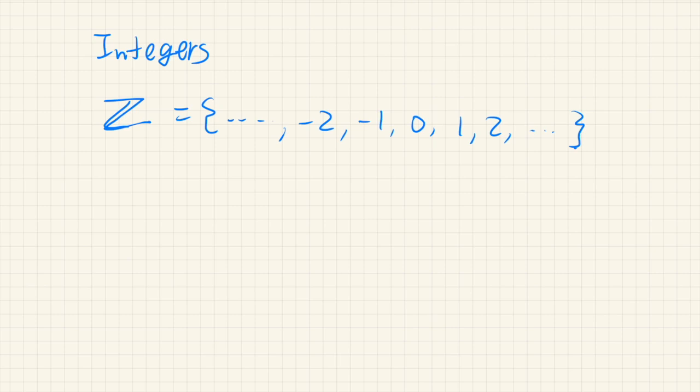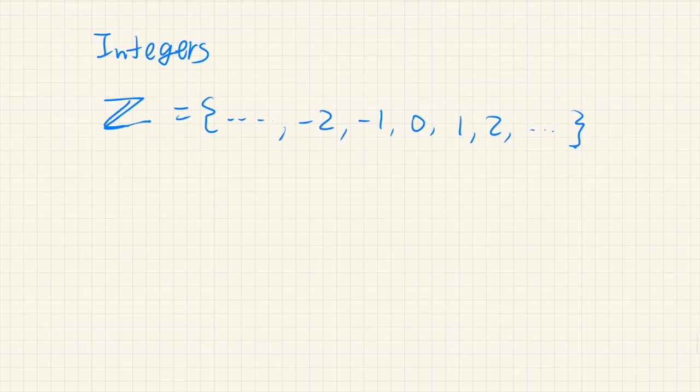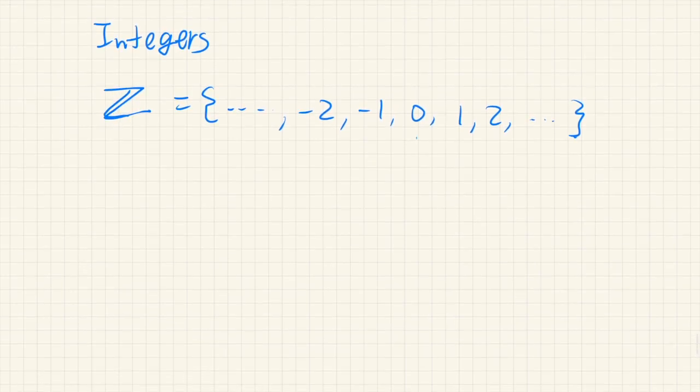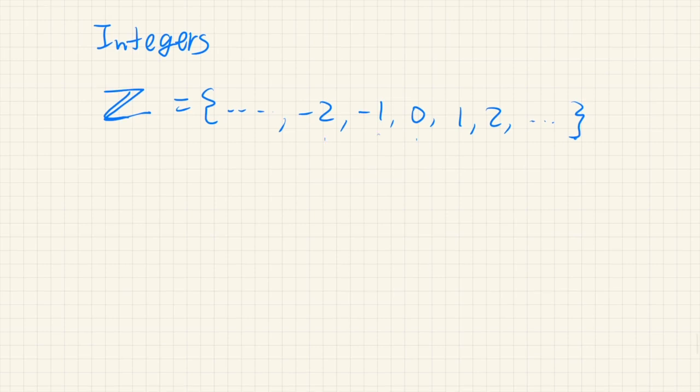Of course, we are defining integers here; I assume that you already know what integers are. So it's just the positive part, the negative part and 0, so the negatives of natural numbers as well.